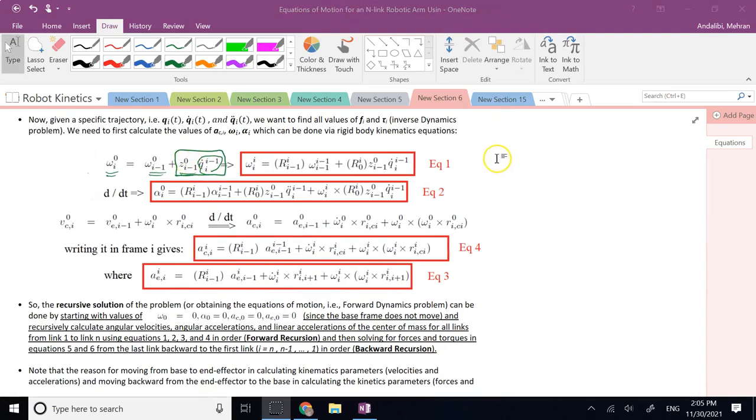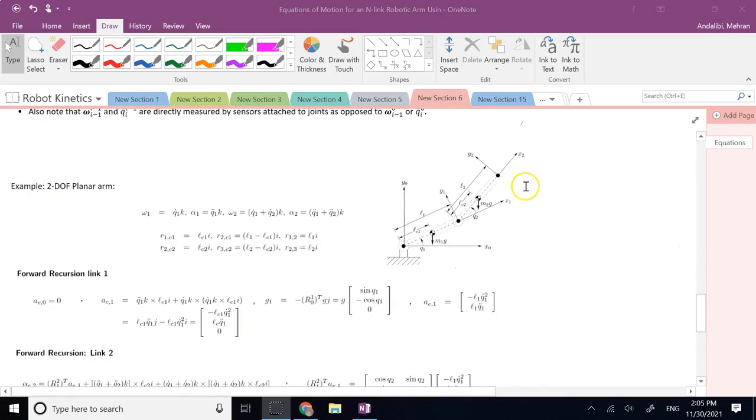And we can apply that here toward our example, the 2 degree of freedom planar arm, right? In this case, if I want omega of member 2 with respect to the ground or base, based on this formula, it is omega of member 1, the previous member with respect to the base, plus the relative velocity of these two, which is omega of 2 with respect to 1.